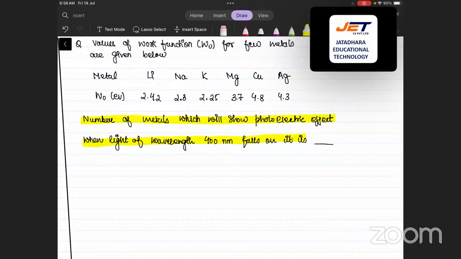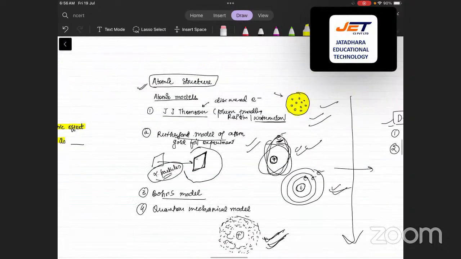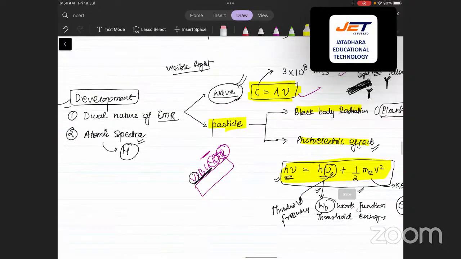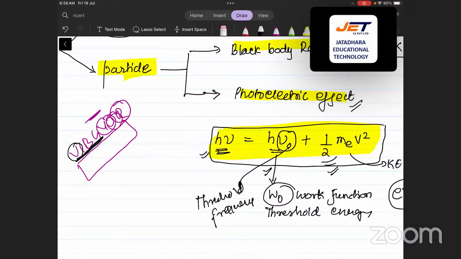So yes, every year you get one question from the photoelectric effect, which might be based on work function, or on finding the kinetic energy, or the threshold frequency.